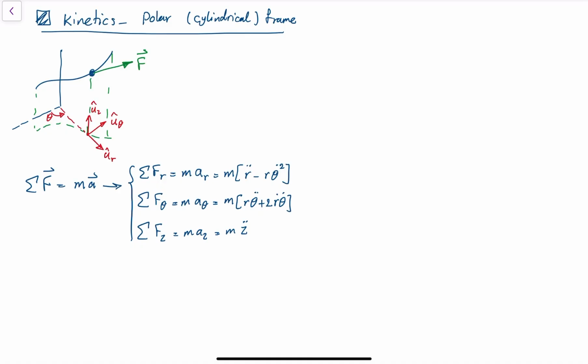So that is how you can decompose a motion along the three cylindrical axes. And it could be useful if you have lots of information about the rotational aspects. But I want to warn you, there are some complications with this frame.